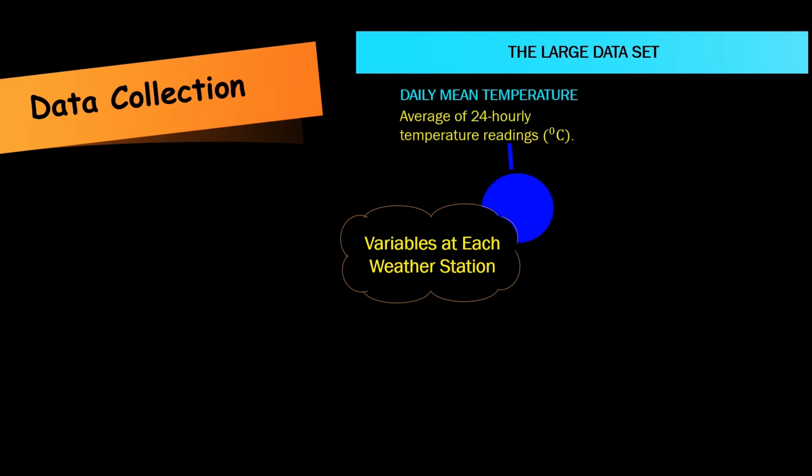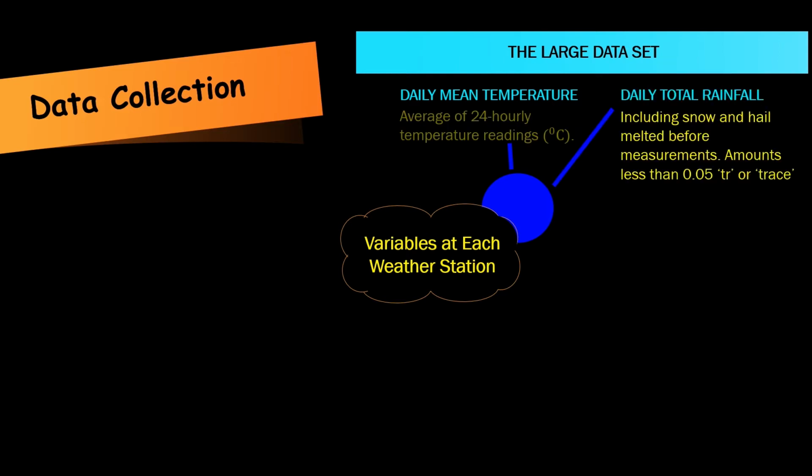The daily mean temperature, which is the average of 24-hourly temperature readings. The total daily rainfall, including snow and hail melted before measurements. The amounts less than 0.05 are indicated by TR or trace.